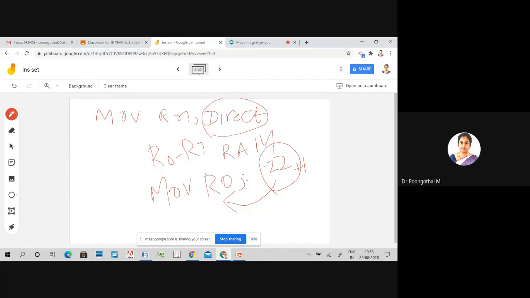Addressing mode, direct addressing mode. Please note it down. It takes 2 bytes of program memory and 2 machine cycles are required. 1 byte is for opcode, another 1 byte is for your internal memory address.